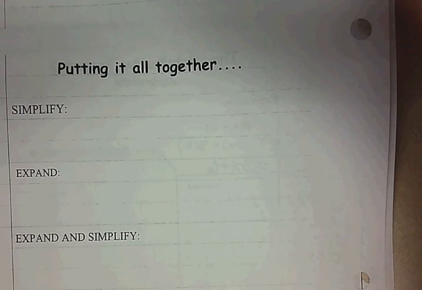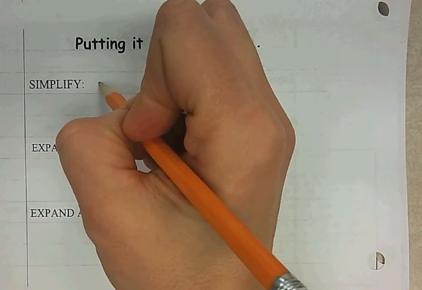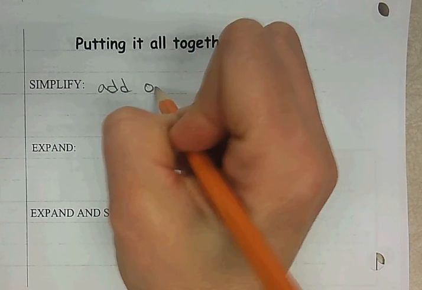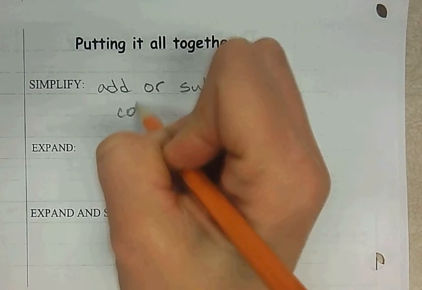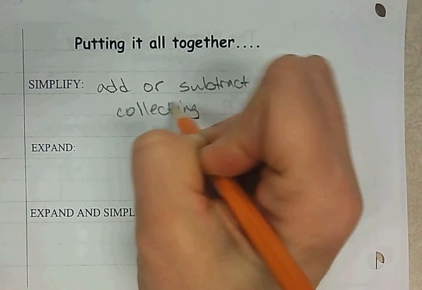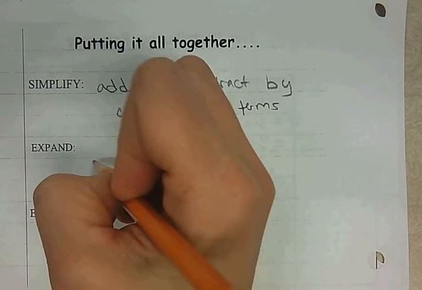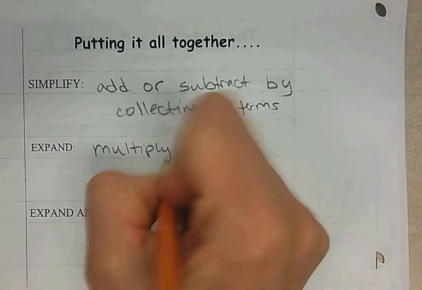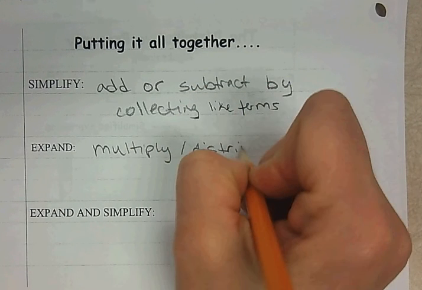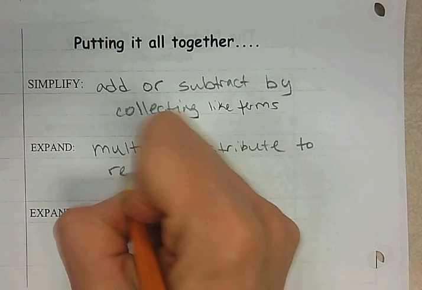To review all the terms we've learned, we have simplify, expand, and then you're going to also see putting it all together, expand and simplify. Simplify is to add or subtract by collecting like terms. Expand, what we've done today, is to multiply or distribute, to remove the brackets.